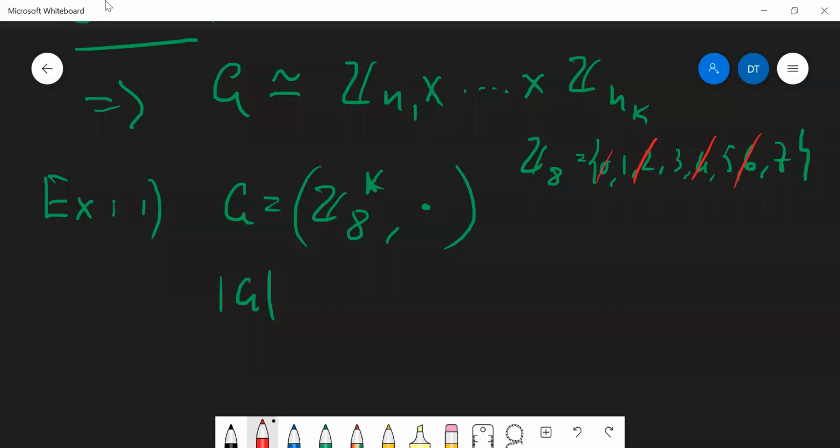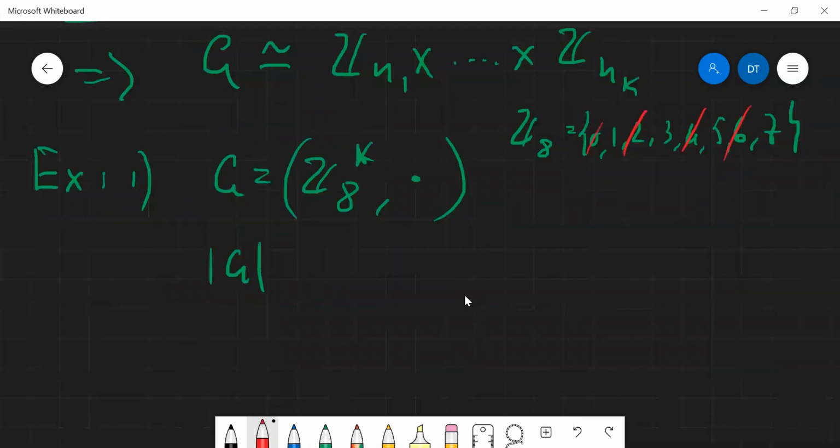And now the operation is multiplication. So if you, for example, take 3 times 5 modulo 8, it equals 7. If you take 5 times 7 modulo 8, it equals 3, and so on. If you take 3 times 3, it equals 1 modulo 8.